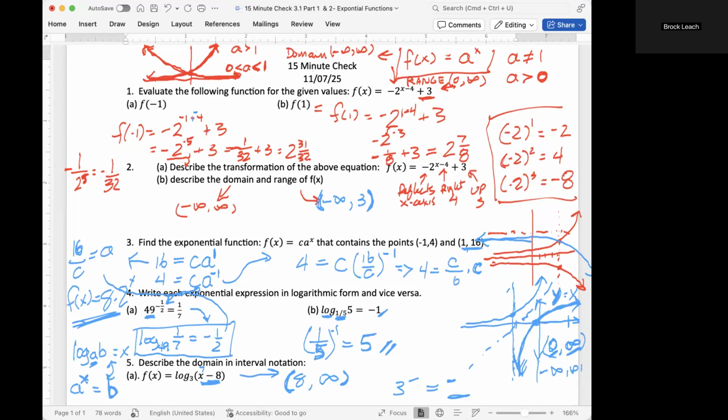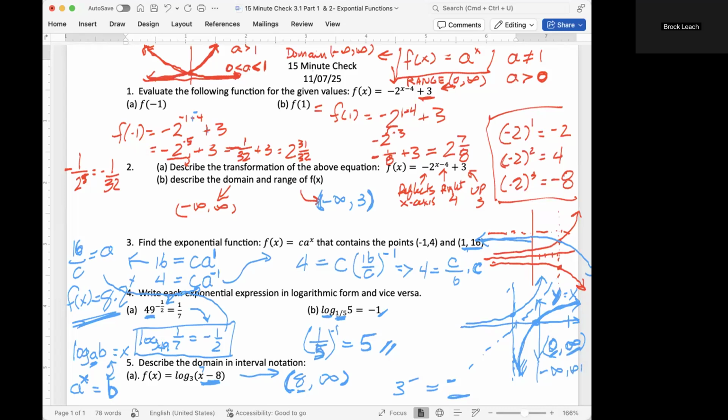So anything less than 8 or equal to 8 will not work. Equal to 8 would be a problem because 8 minus 8 is 0. So we're saying 3 to what power results in 0? Well, 3 to even the 0 power results in 1. Anything raised to the 0 power is equal to 1.